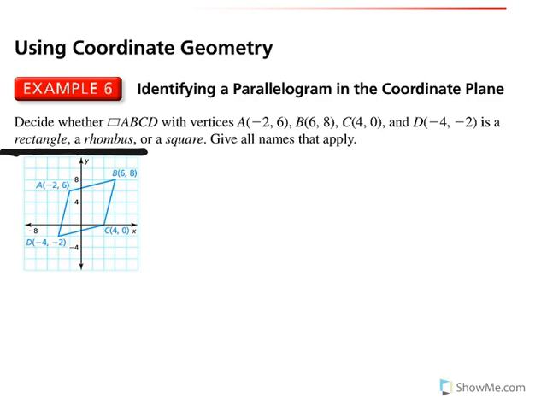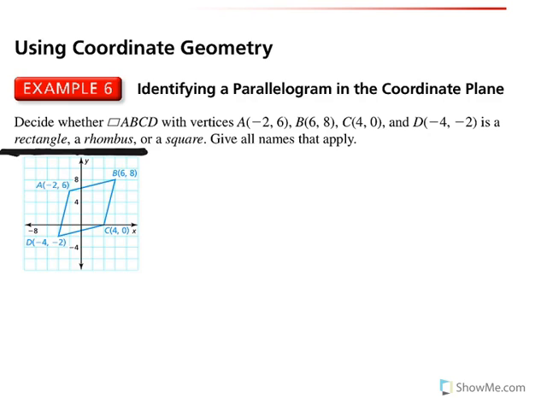Alright, the last example we're going to do is identify a parallelogram in the coordinate plane. And we're going to decide whether ABCD with vertices A at -2, 6, B is at 6, 8, C is at 4, 0, and D is at -4, -2 is a rectangle, rhombus, or square. Okay, and we're going to give all the names that apply.